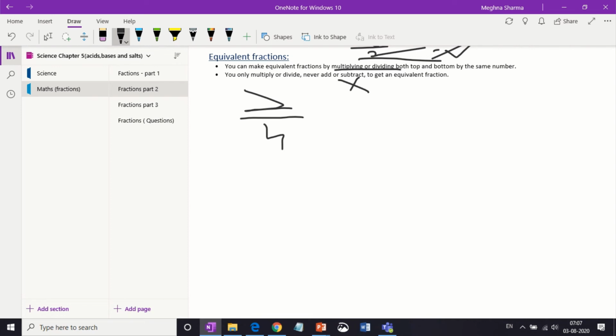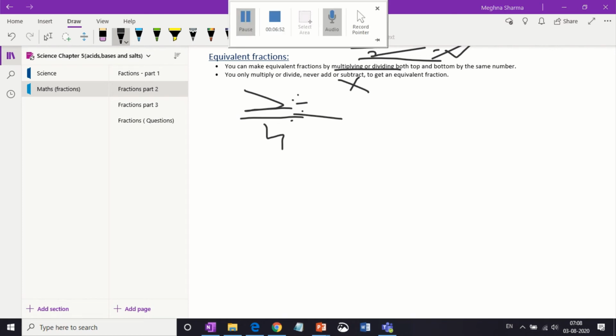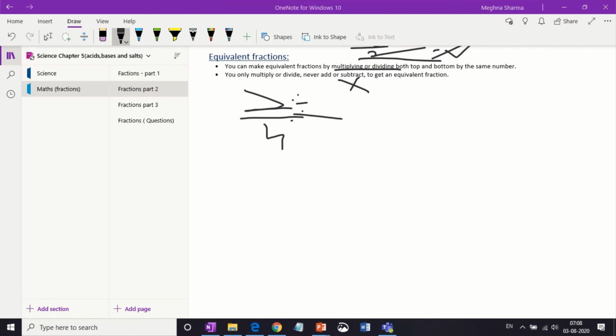For this I am dividing, because this is a small fraction. You can divide by whatever number you can take. See, 2 ones are 2 and 2 twos are 4.